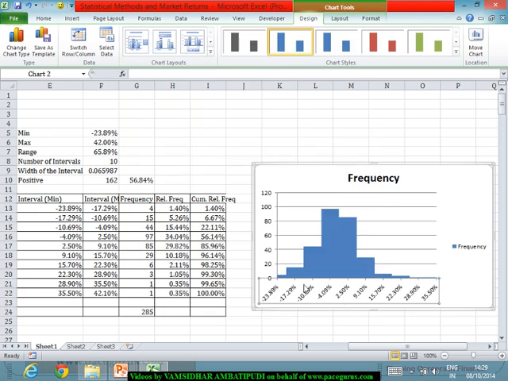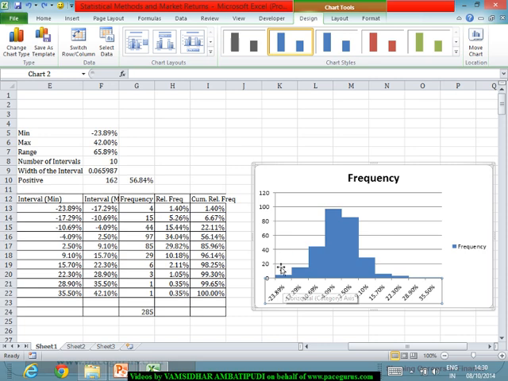What I could now see is between minus 23.89 to minus 17.29, this is the frequency. Minus 17.29 to minus 10.69, this is the frequency.